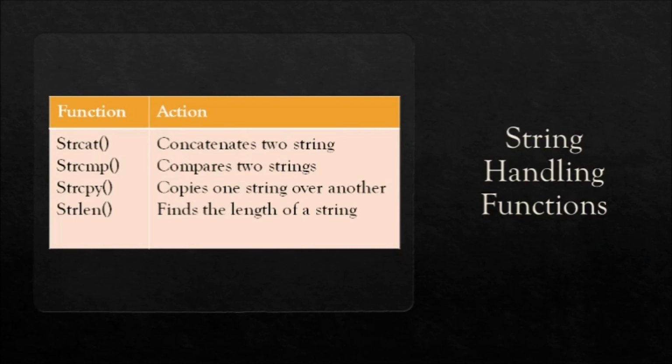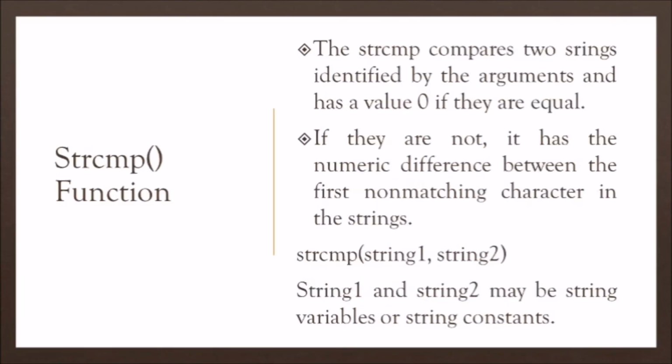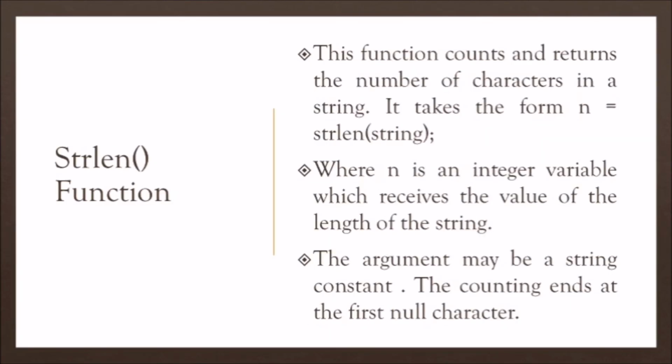Basically, we discussed strcat, concatenation of two strings, and strcmp, comparison of two strings. Now we discuss how we can copy one string to another and how we find the length of a string. Okay, so the strlen function counts and returns the number of characters in a string.